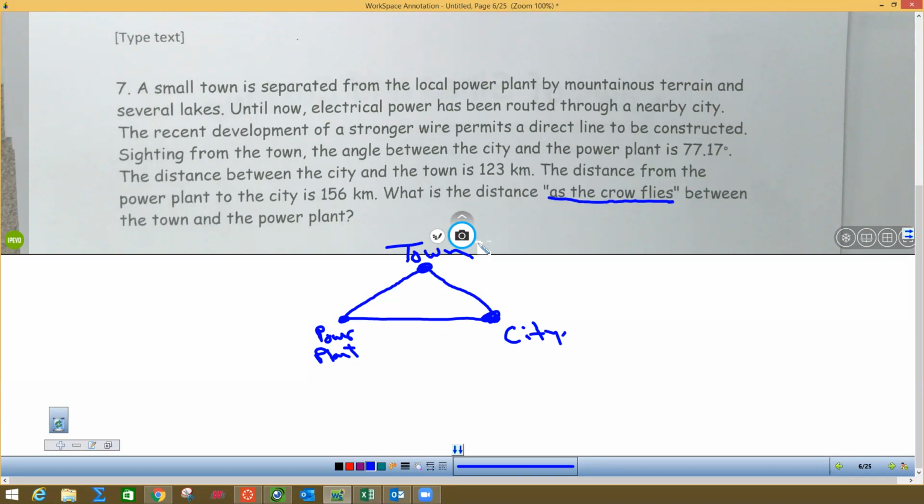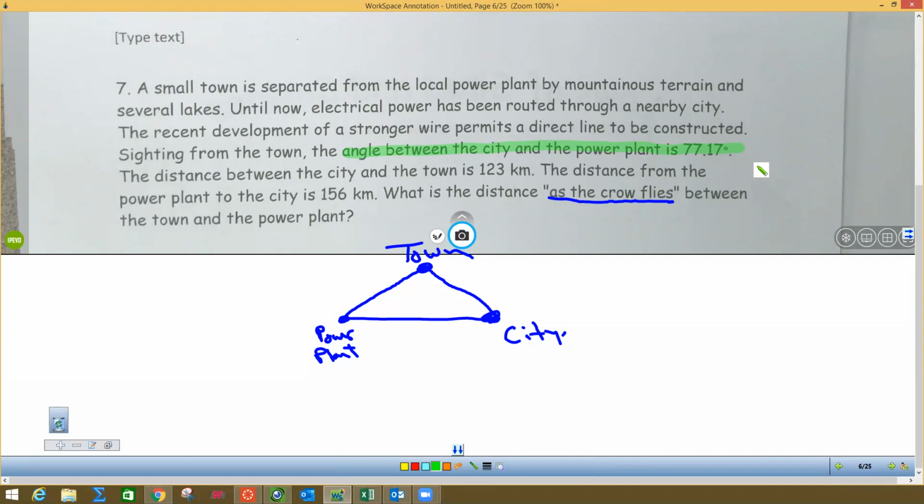Now we're going to go in and put the numbers where they go. So now we're going to look for the numbers, and we want to put those in where they go. So I'm going to look at this first thing here. It says the angle between the city and the power plant is 77.17 degrees.